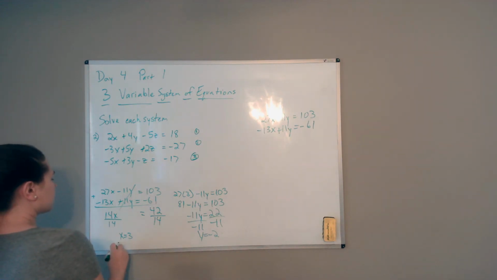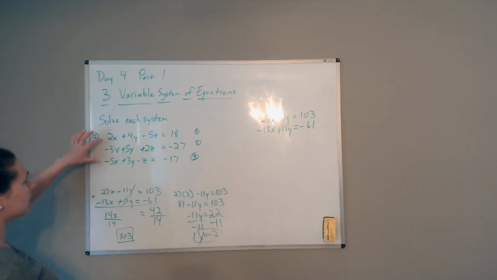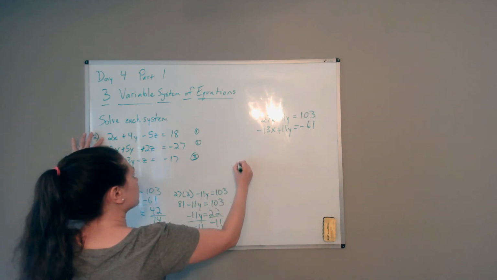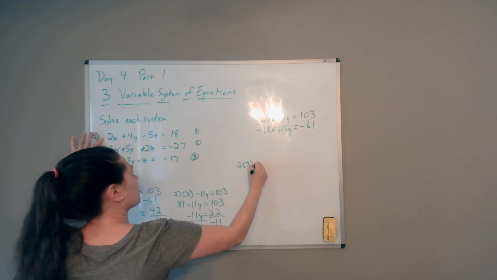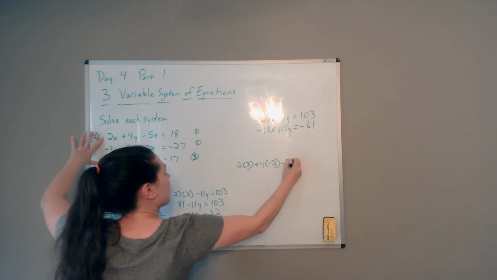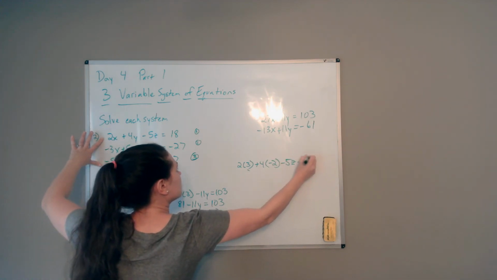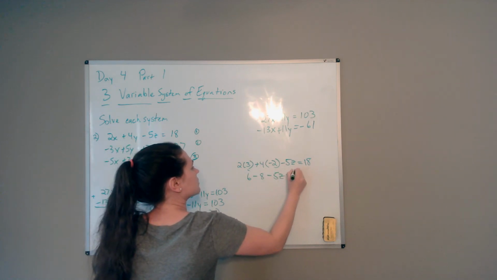And so now we have x, now we have y. We just need z, so we go back to one of the original. So I'll just choose the first one. 2 times 3 plus 4 times negative 2 minus 5z equals 18. So 6 minus 8 minus 5z equals 18.